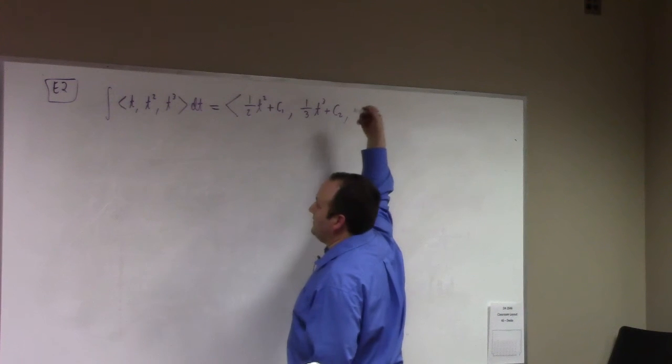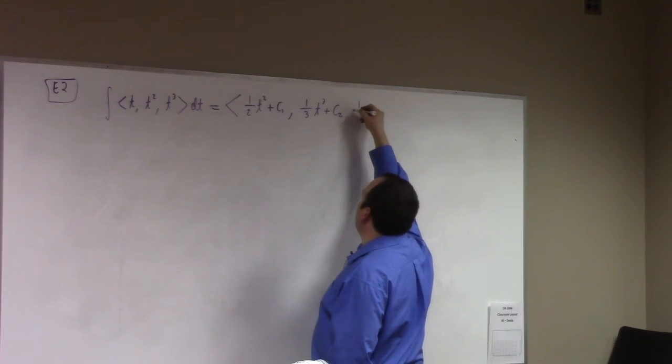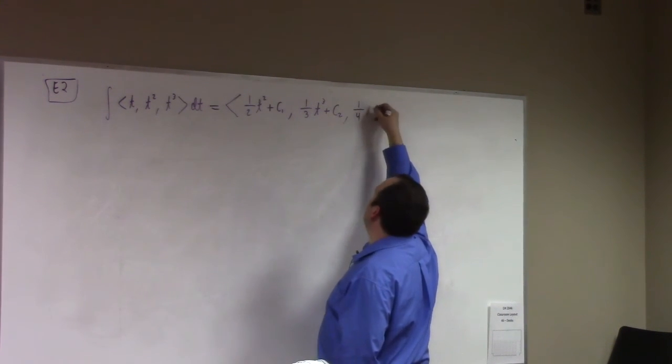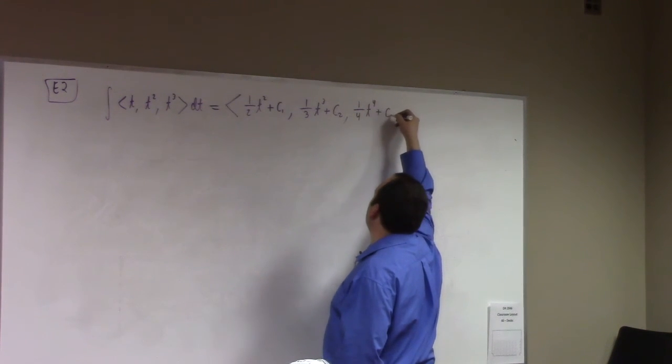You notice that these are separate integrals, so the constants don't have to have any relation in particular. 1/4 t to the 4th plus c3.